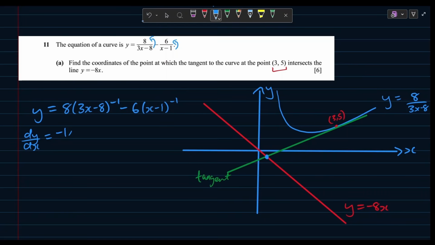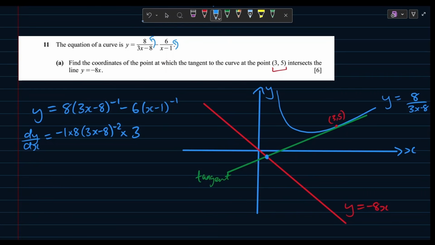So I've got negative 1 multiplied by your 8 times 3x minus 8. Subtract 1 from the power, so negative 1, that's negative 2, multiplied by, now do the inner derivative, so differentiate 3x minus 8. If you differentiate 3x minus 8, you're going to get a 3, so multiply by that 3.